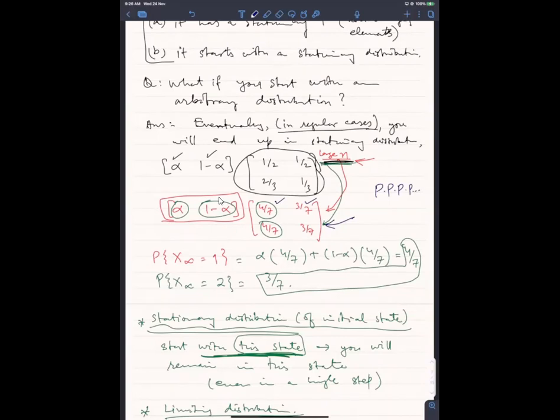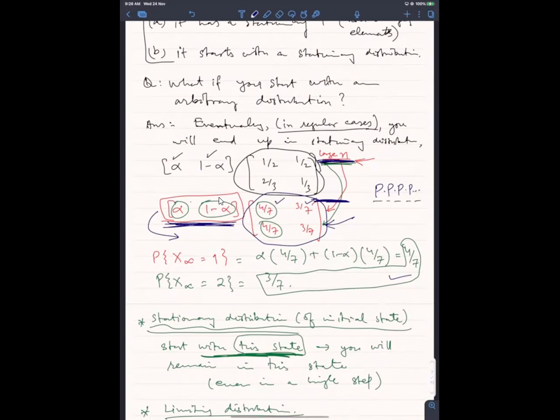Obviously this is not a very practical way of solving it. If you multiply any starting distribution by it, you will end up with the stationary distribution. What that means is that you start with any arbitrary distribution alpha, 1 minus alpha, and pass it through large n steps, meaning you let the Markov chain run for a long time: n equal to 1, 2, 3, 4, 5, 6, 7, 8, 10 times, 20 times, 100 times.